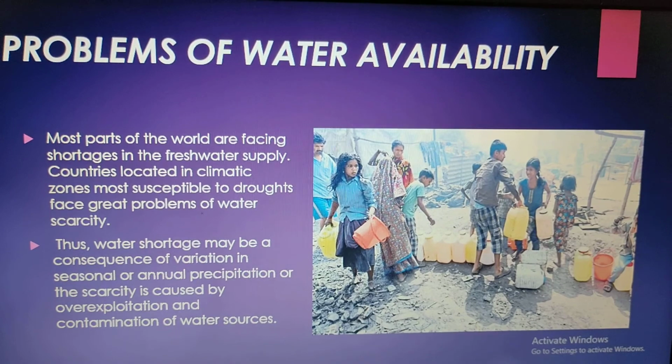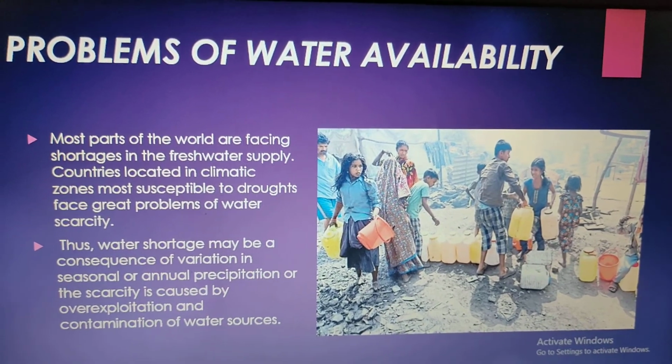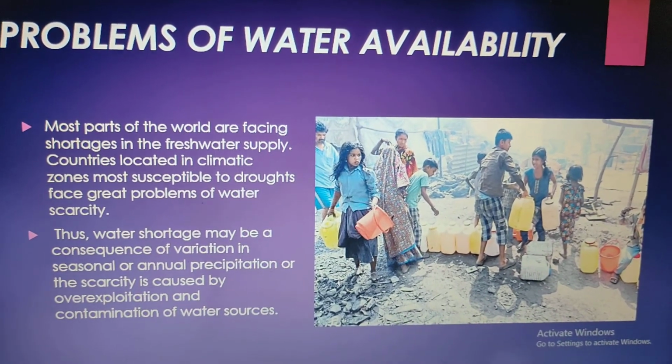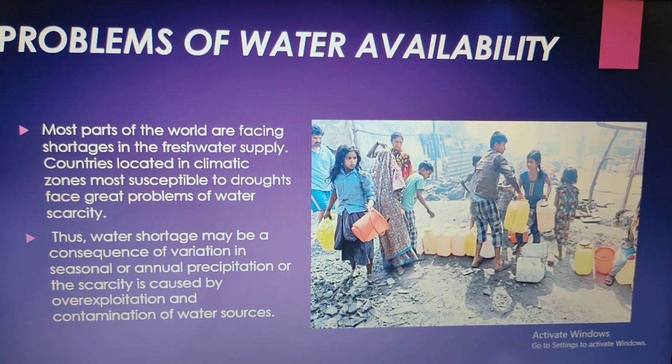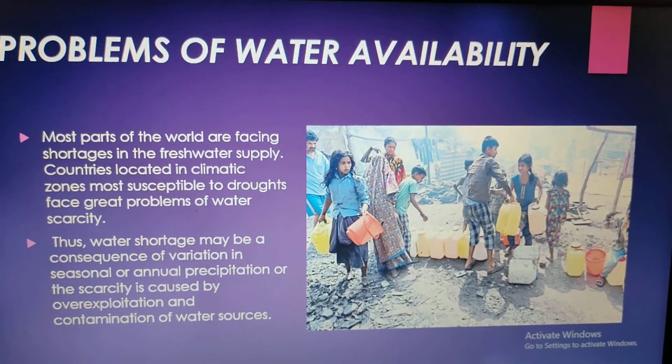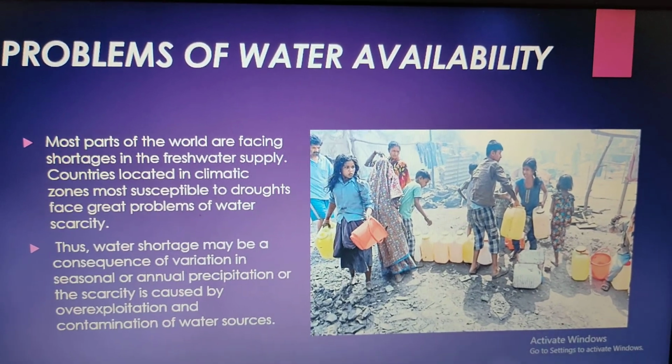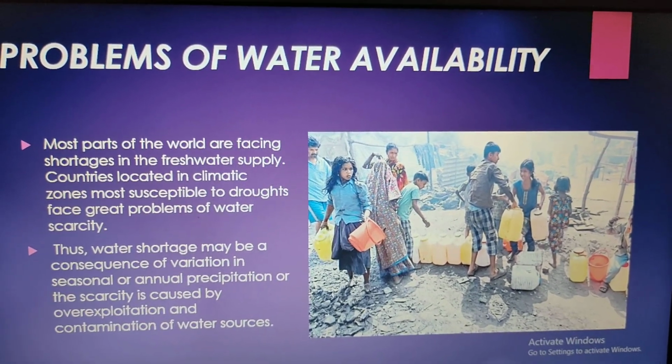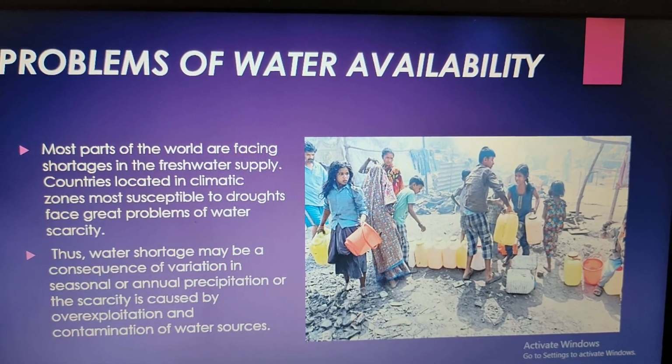The soil is not able to retain water, and so these areas face drought-like conditions in summers. Thus, water shortage may be a consequence of variation in seasonal or annual precipitation.